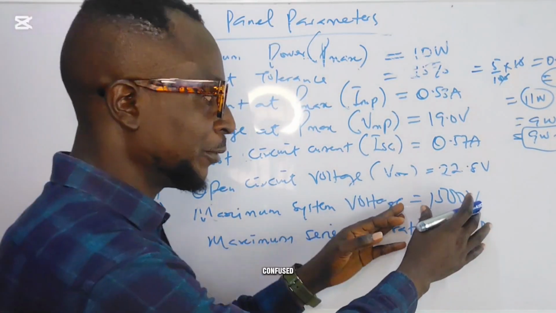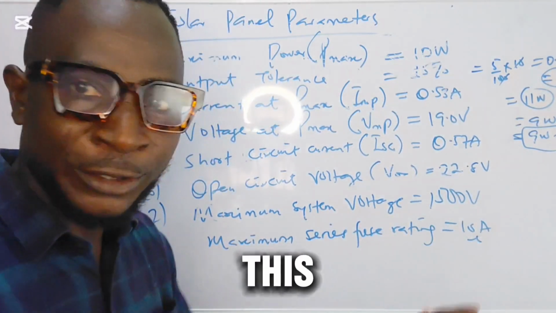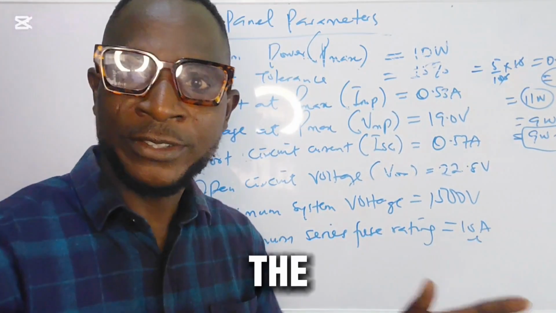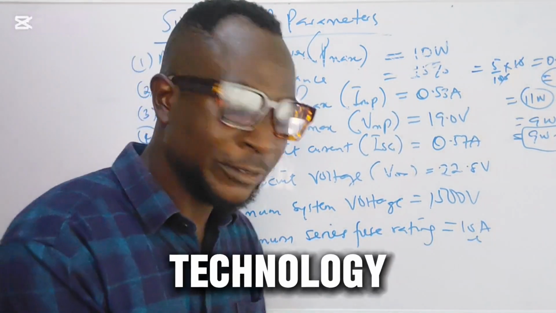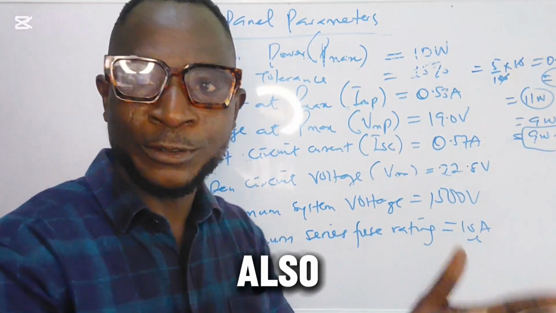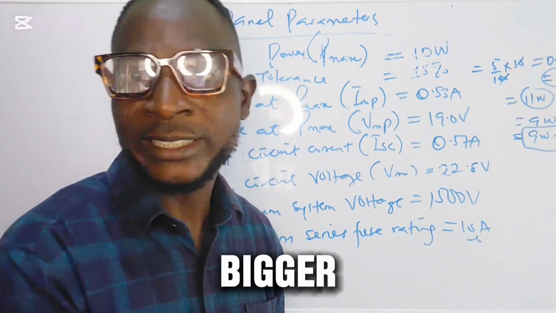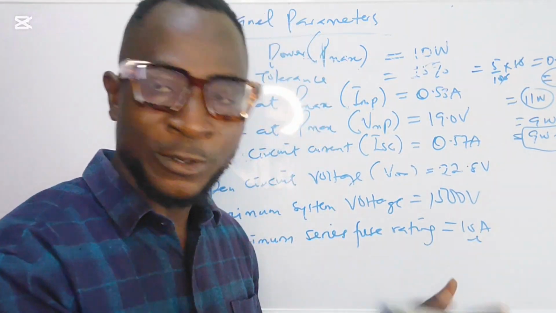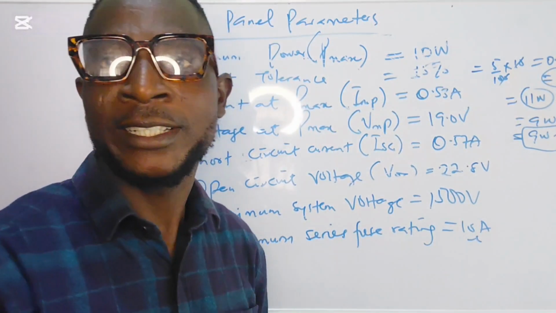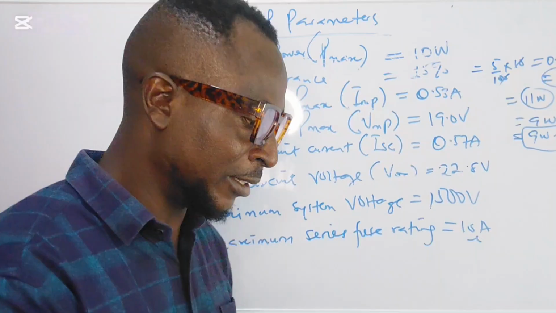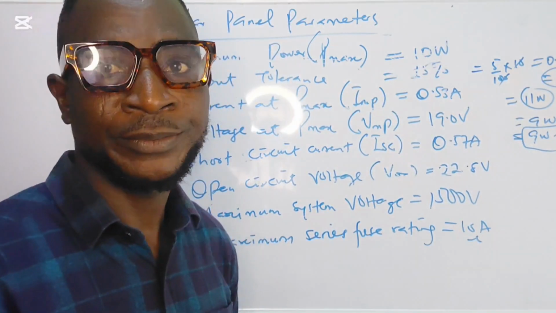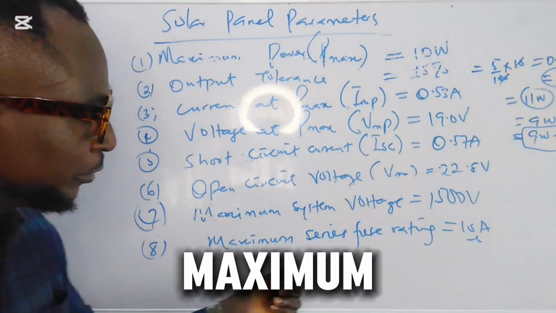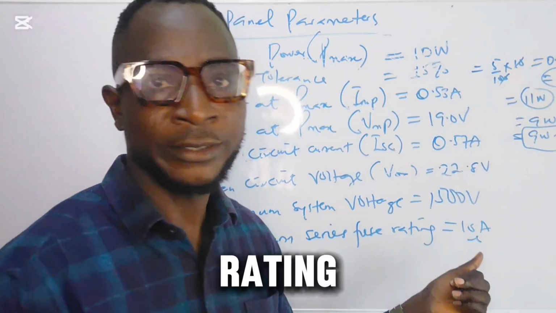It's telling you that the technology they use in this is also what they use in the bigger size of this. So what this one can withstand is the same as the one that is bigger than this. Then we now talk of the maximum series fuse rating.